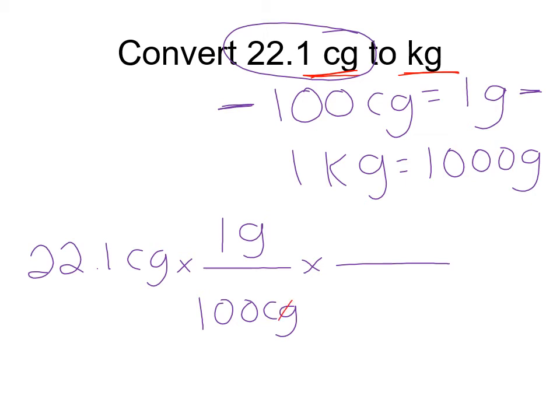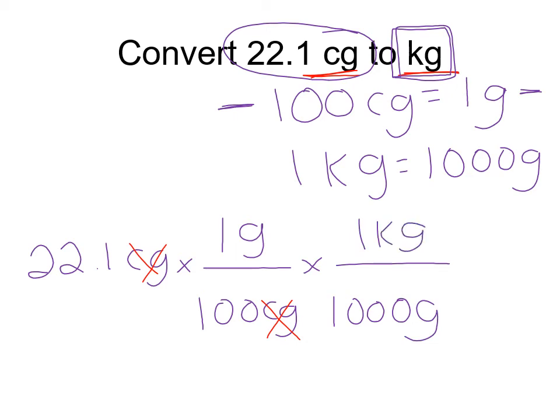Now I've gotten rid of the unit centigram, and I've got gram. So with this conversion, I want my answer to be kilogram. So I need to get rid of that gram unit. So 1,000 grams will go at the bottom and 1 kilogram up top. And then that gram unit has canceled out, and the only unit we have left is kilogram.